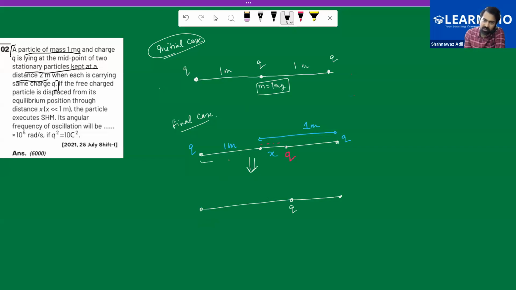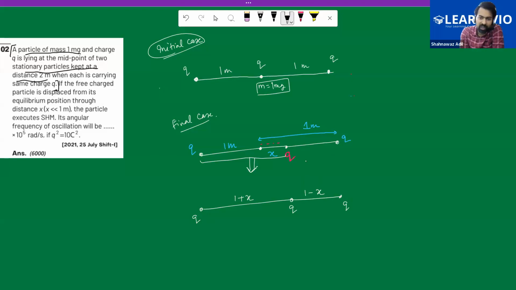So now what is this total distance? 1 plus x, right? And what is this distance? 1 minus x, absolutely correct. So this is the distance.